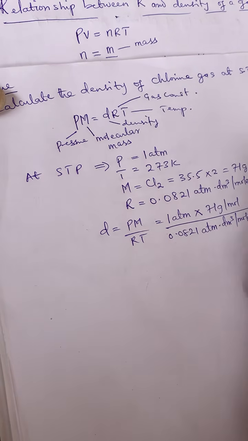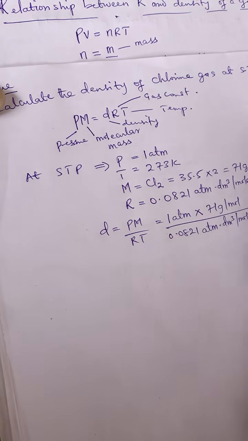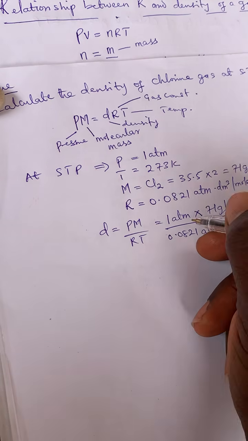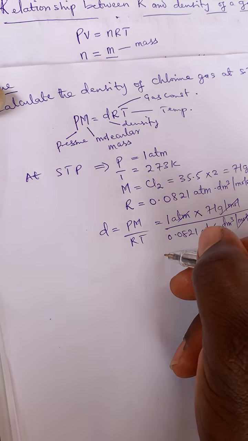So the Kelvin cancels with the per K, the mole cancels with the per mole, and the atm cancels as well.